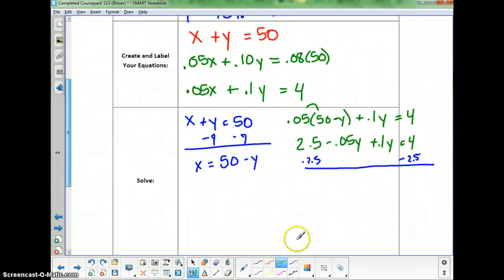So let's subtract the 2.5 from both sides. Also, let's go ahead and add negative 0.05y plus 0.1y for positive 0.05y equals, okay, and 4 minus 2.5 is 1.5. And then we'll divide both sides by 0.05.